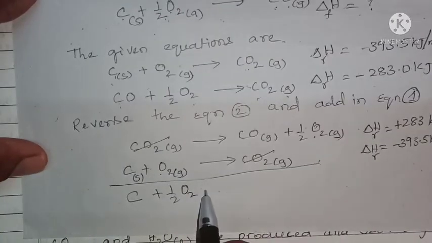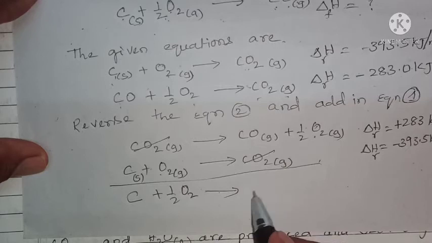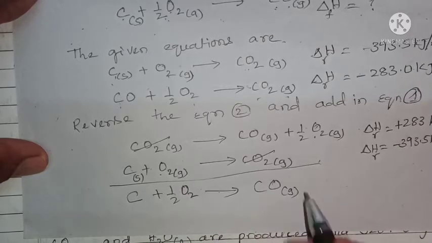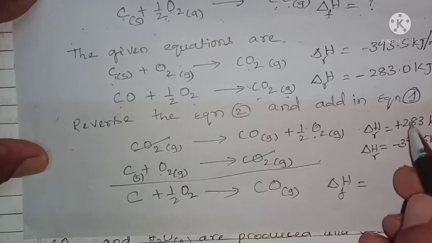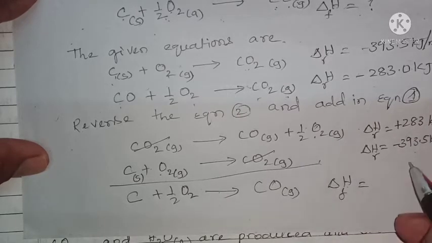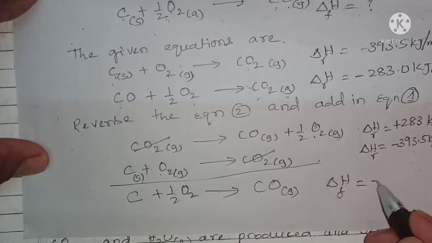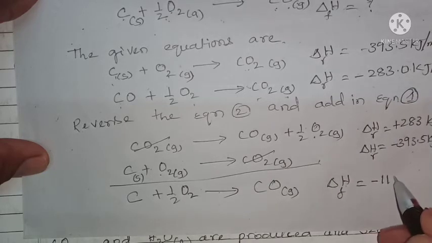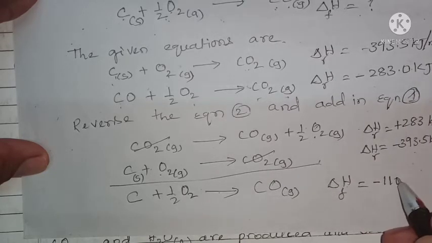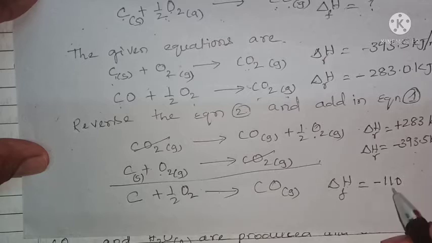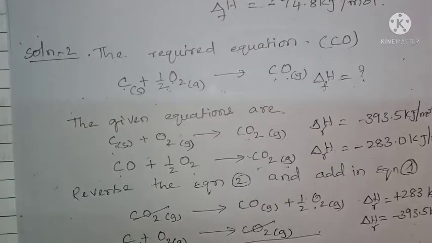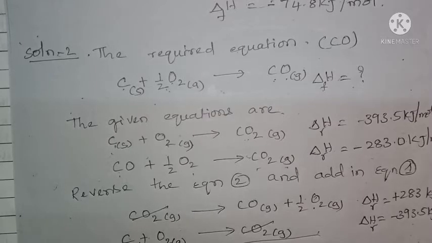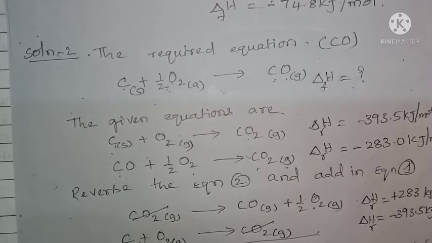So this becomes carbon monoxide. The delta H formation of carbon monoxide is minus 110.5 kilojoules per mole.